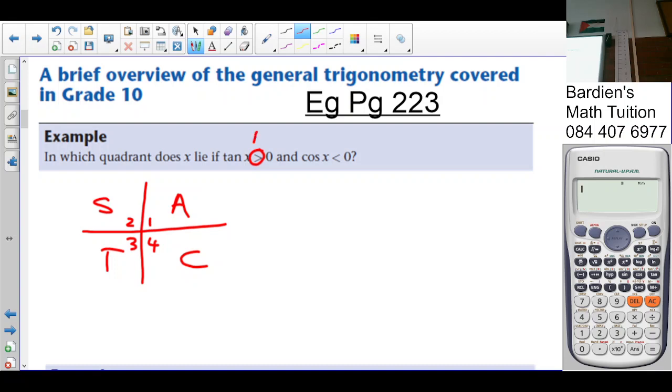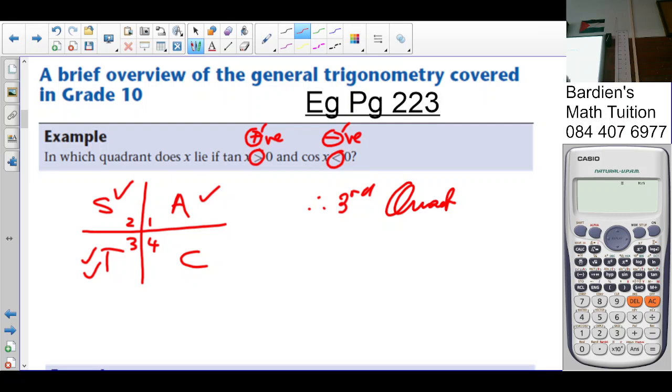Tan is positive in which quadrants? 1 and 3. In which quadrant is cos negative? Quadrant 2 and 3. So therefore, it's in the third quadrant.